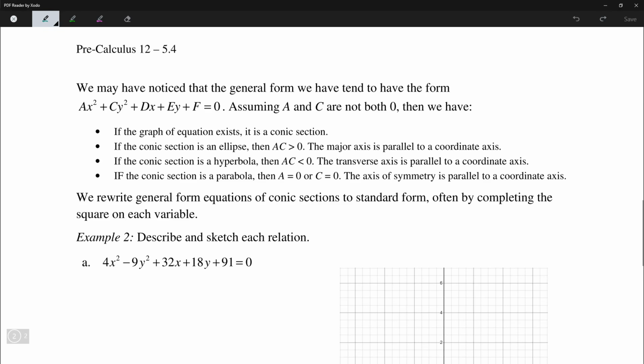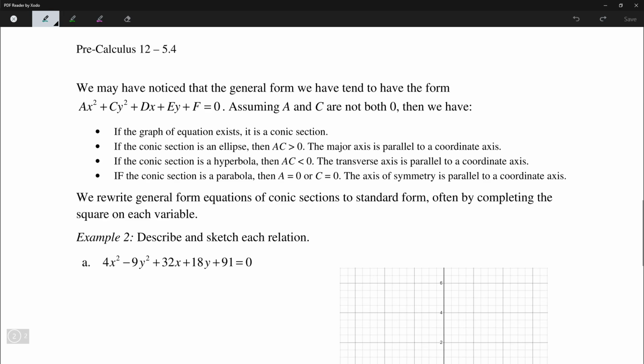From there, we can graph the equation. If it does exist, then it is going to be a conic section of some kind. If the conic section is an ellipse, then the product of a times c will be greater than 0. If it is a hyperbola, then the product will be less than 0. And finally, if the conic section is a parabola, then either a or c is 0.